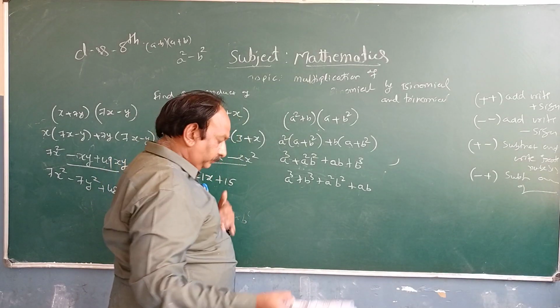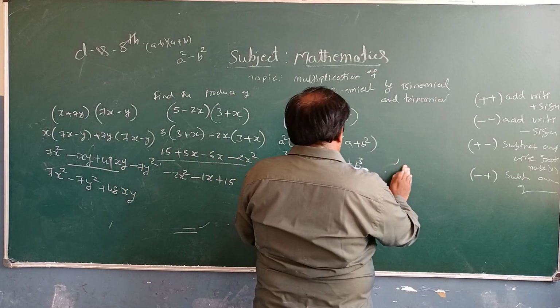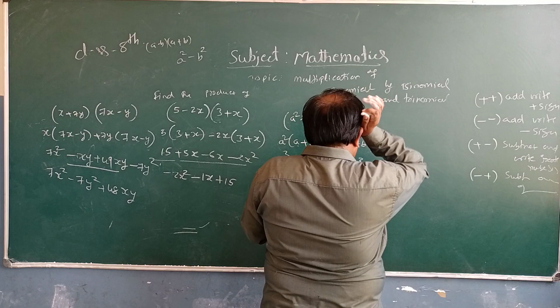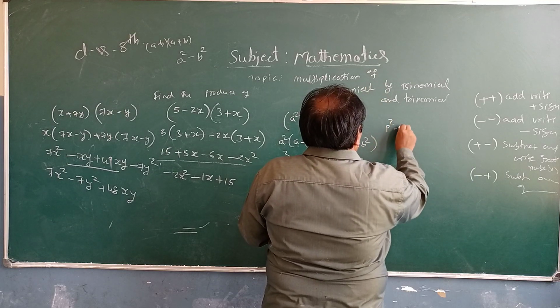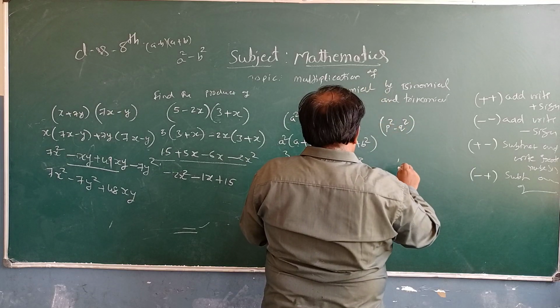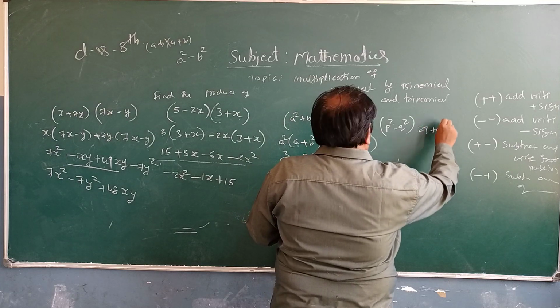Next, (p square minus q square) into (2p plus q).